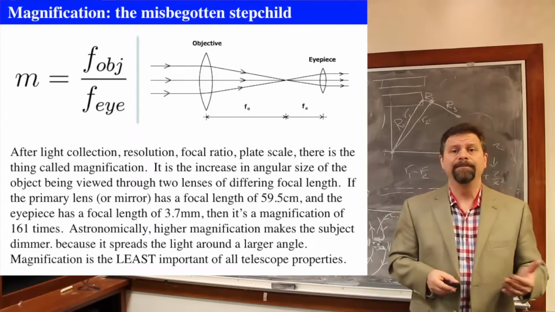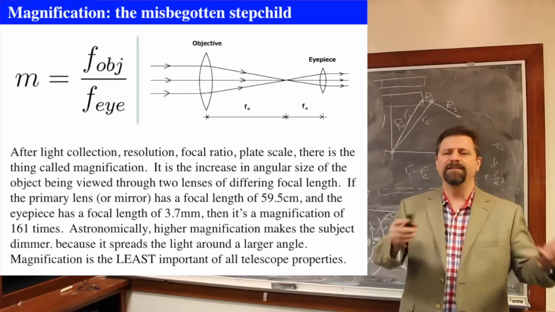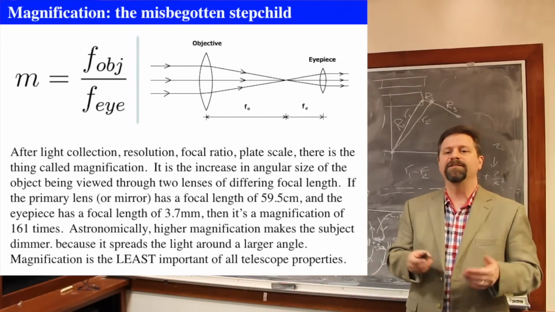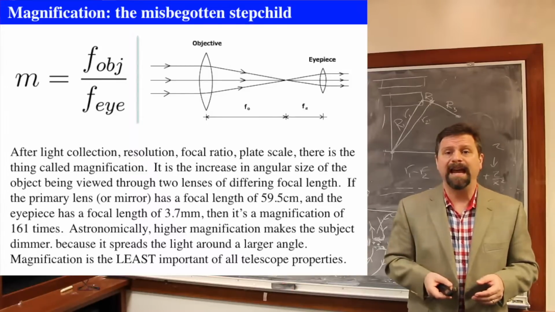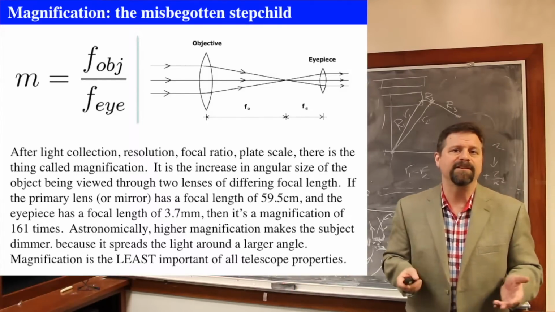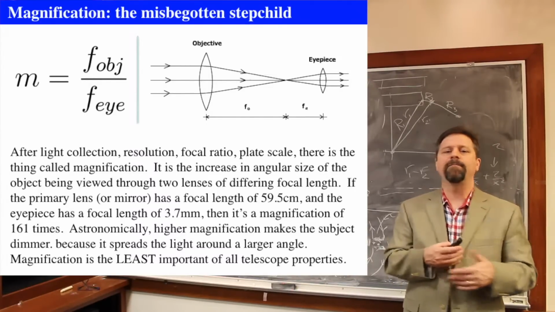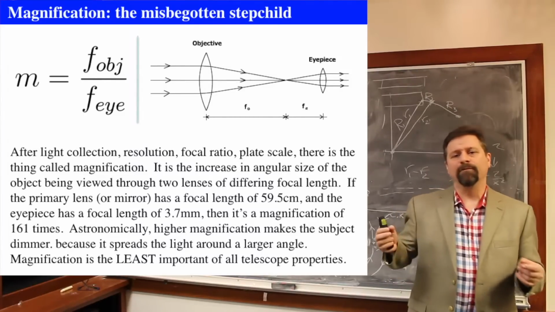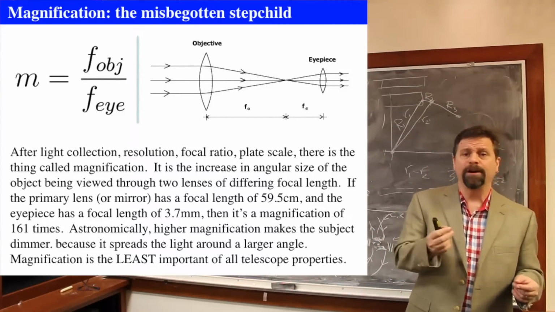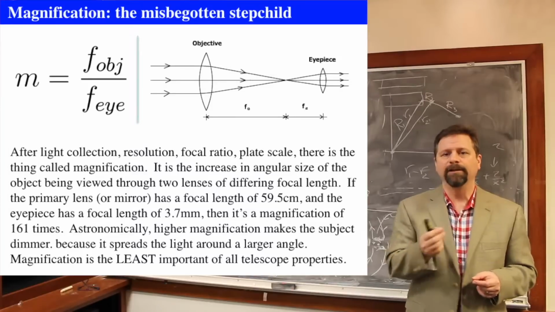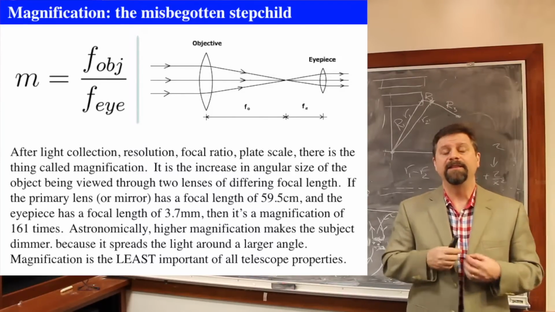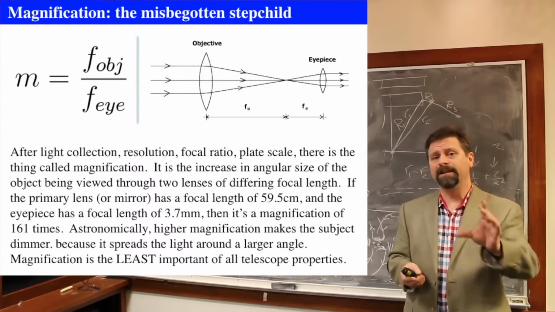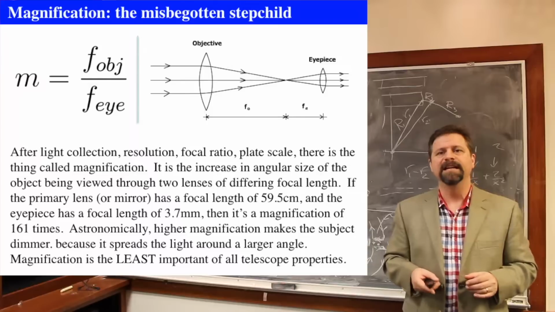In this example, if the focal length of the primary is about 60 centimeters and the focal length of the eyepiece is 3.7 millimeters, then you're going to have a magnification of 161 times. So if you have a really short eyepiece focal length, then the magnification is going to blow up and be really big for a given focal length of an objective.